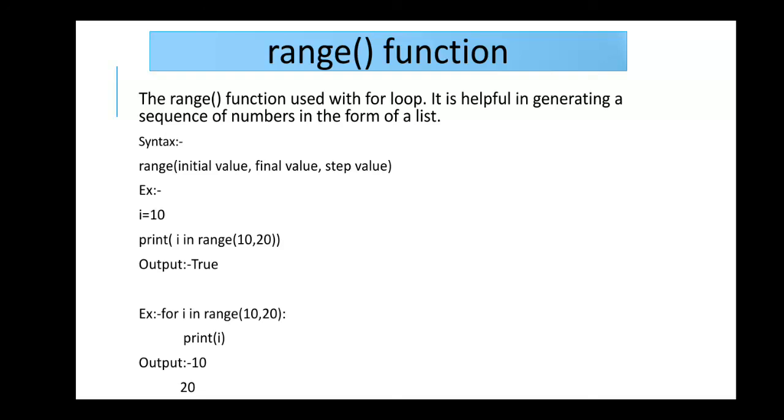It will check the existence of the value i in the given range, 10 and 20. So 10 is available in the given range, and it is returning true. But when we use the range function with for and print together, it will print the values. In the second example, you can see for i in range 10 and 20, in this case it is printing the values, not the answer true or false.